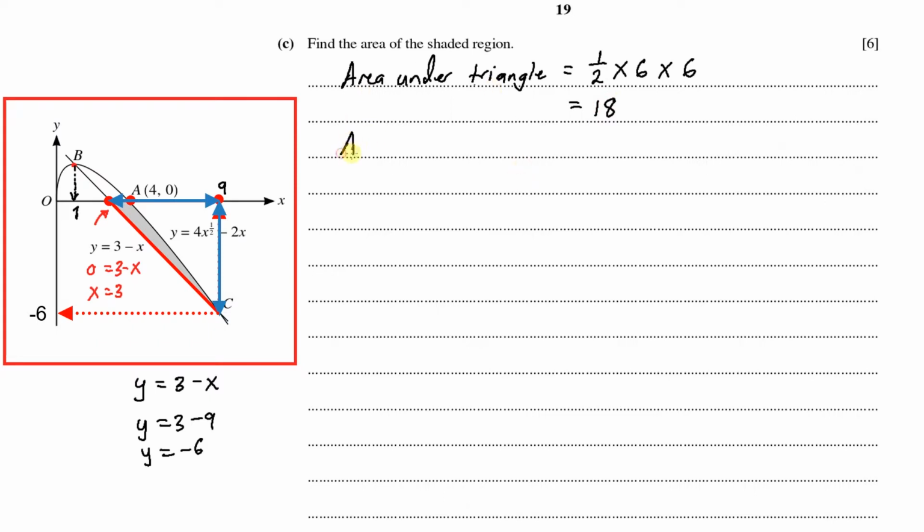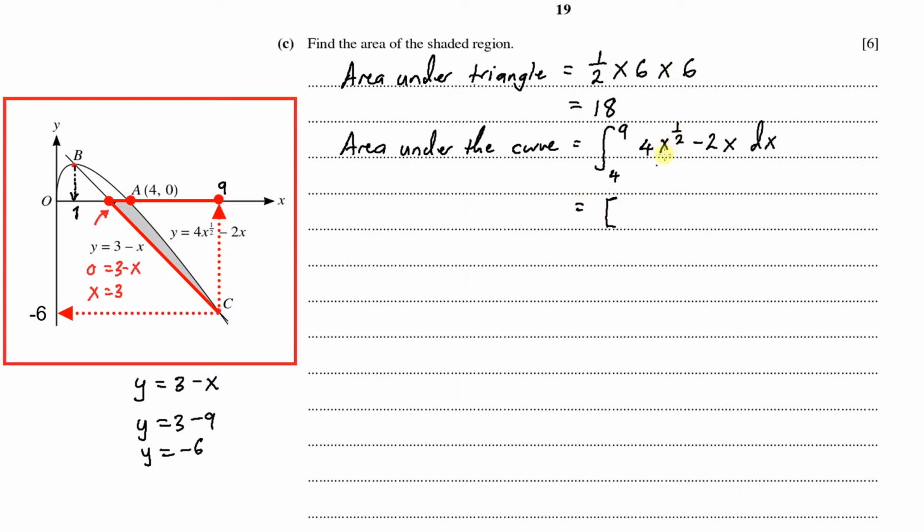Now we can work out the area under the curve. This is the area from the point A to the point with x-coordinate 9. So we integrate from 4 to 9 the function 4x to the power of a half minus 2x, dx. So what will we get?